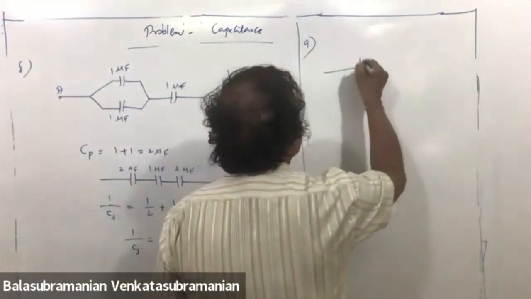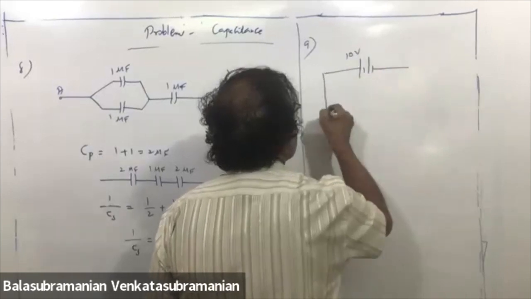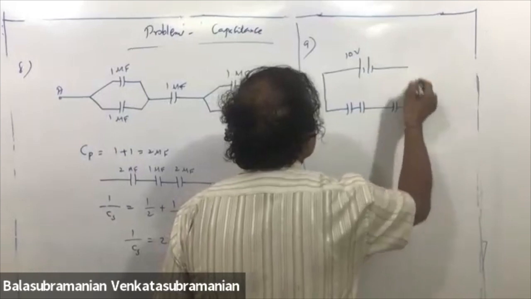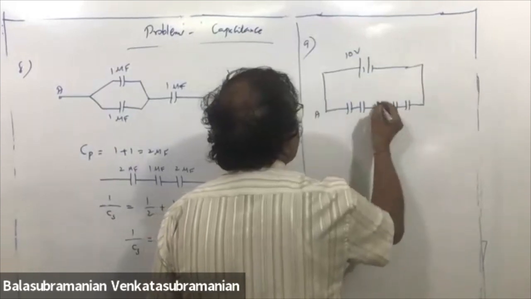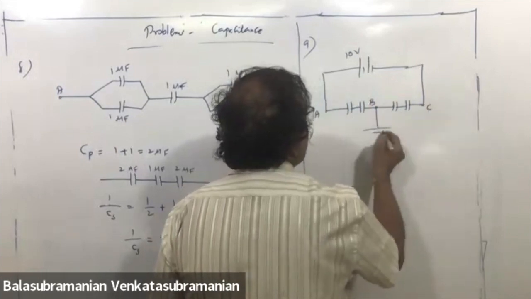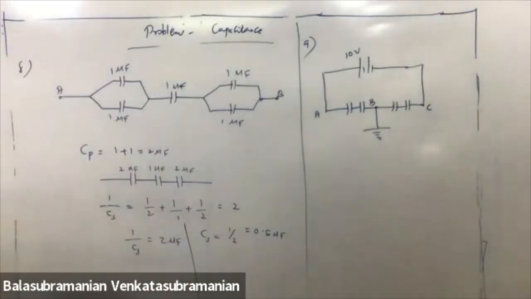This is 10 volt. Here two capacitors, here two capacitors. Point A, point B, point C. B is grounded. This is the question.